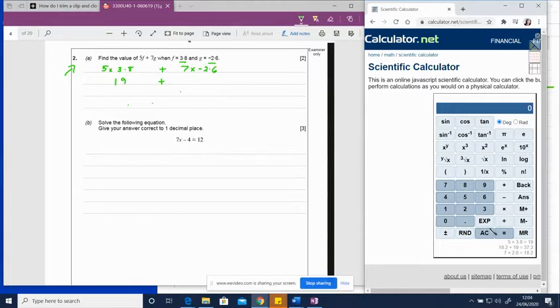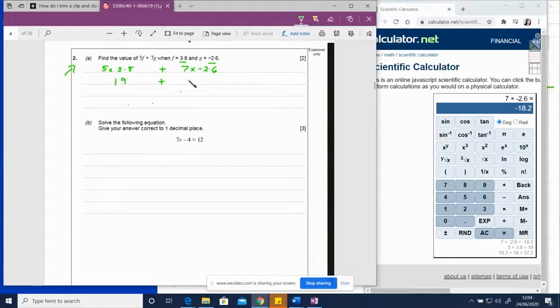Let's clear it, so 7 times minus 2.6 is equal to minus 18.2. The plus and minus together turns to a minus. So 19 minus 18.2. I don't need the calculator for this. I know the answer is 0.8.